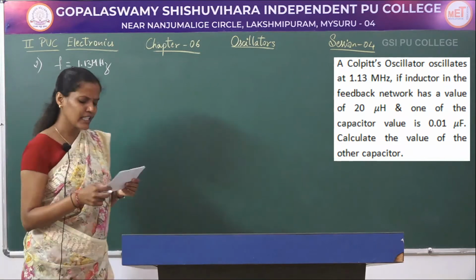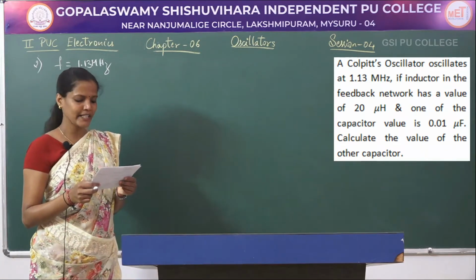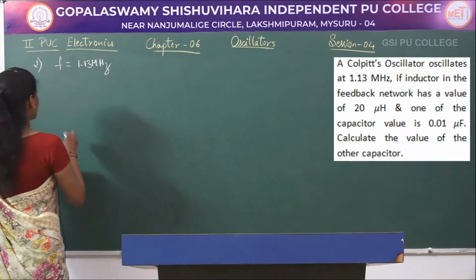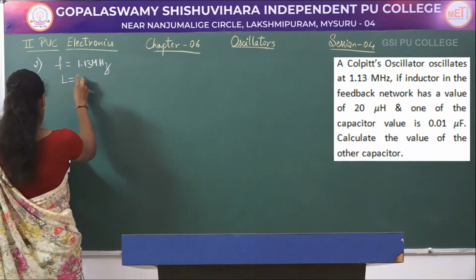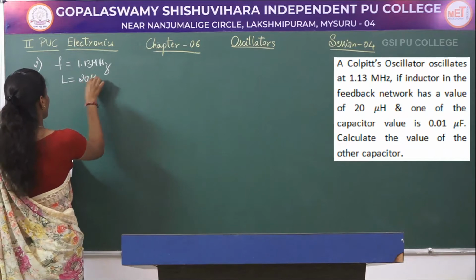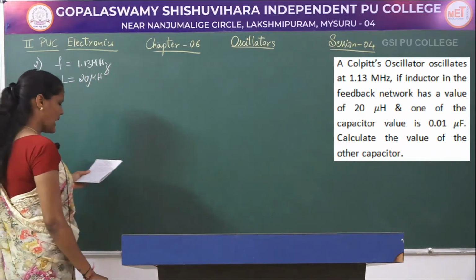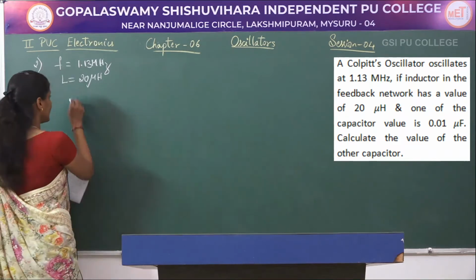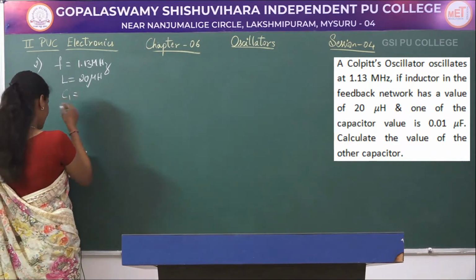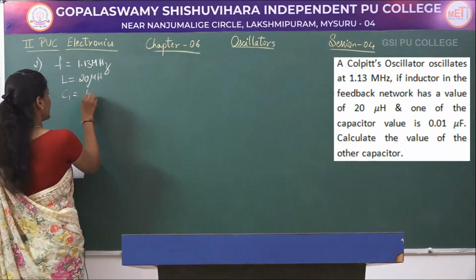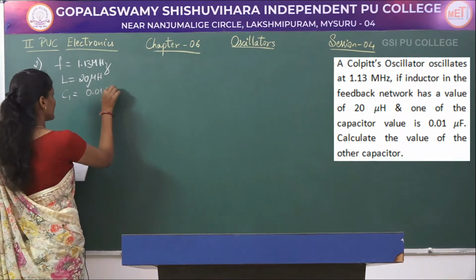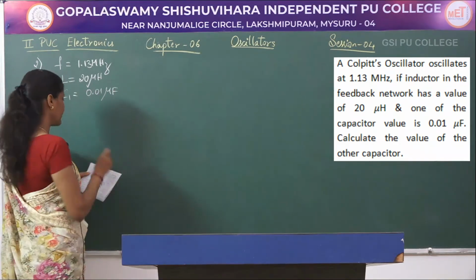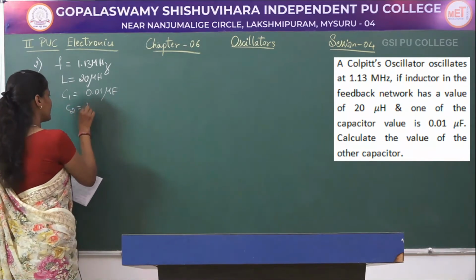If the inductor in the feedback network has a value of 20 micro Henry, inductor, that is nothing but L, is equal to 20 micro Henry. And one of the capacitor values is 0.01 microfarad. Let us call it C1, whose value is equal to 0.01 microfarad. Calculate the value of the other capacitor, that is C2, you have to find out.